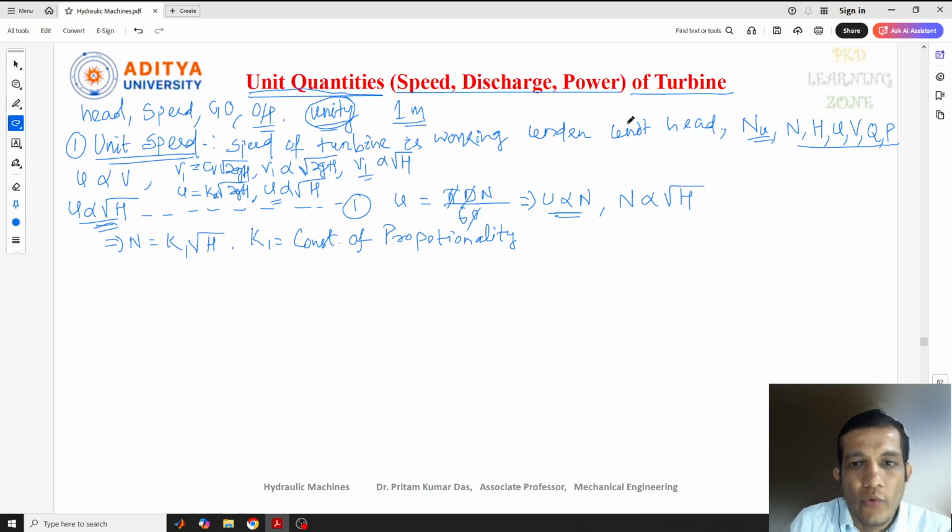Now as I told you, we need to consider a unit head to calculate the speed of the turbine, meaning it should run under a unit head. So if the head of the turbine becomes unity, that means h is 1 meter, and to find the value of n, we put the speed equal to nothing but the unit speed nu.